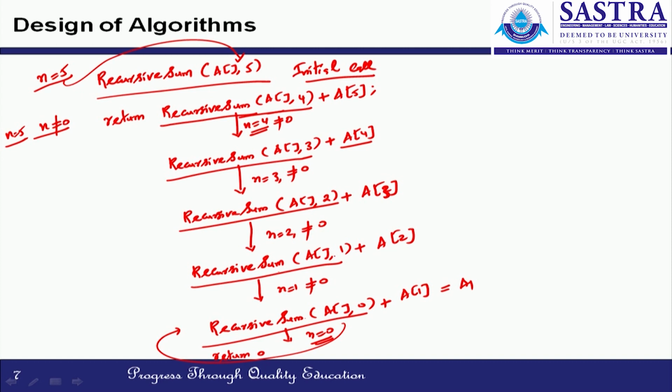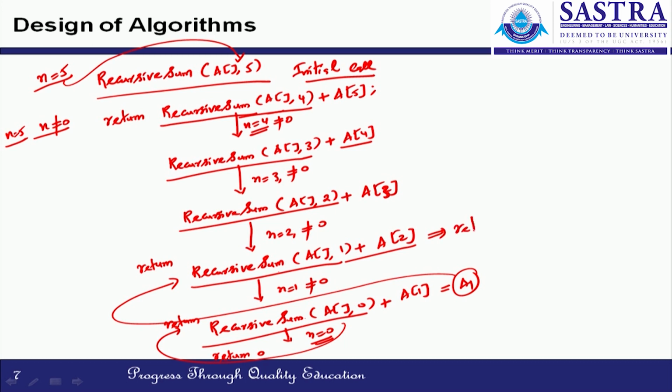Recursive sum A array comma 1 is the caller. So the value A1 is returned to here, then return A1. The value of recursive sum of A array comma 1 is A1, A1 plus A2, this implies return A1 plus A2.